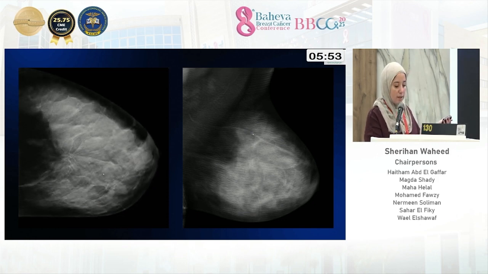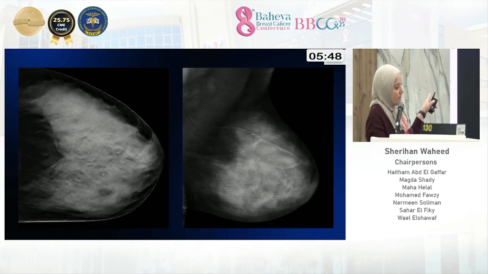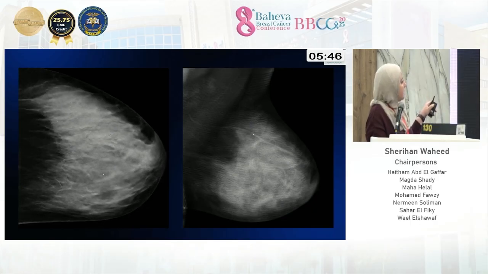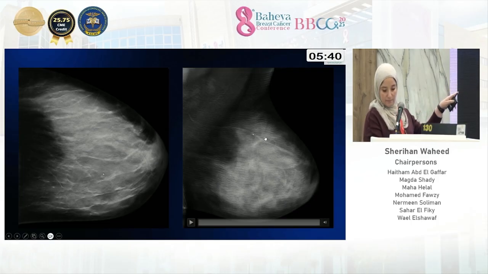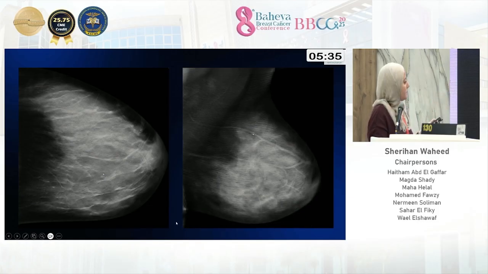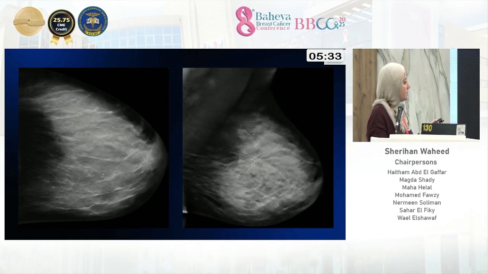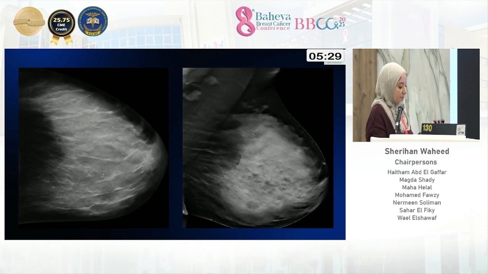These are the tomosynthesis images of the CC view, and we can see that the distortion is clearly displayed here. And this is the MLO view. Again, we can see the distortion clearly appreciated.